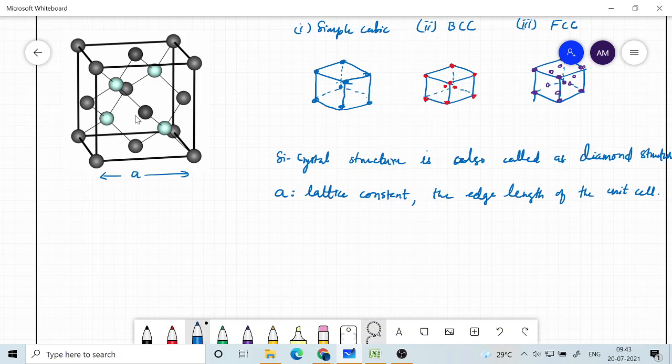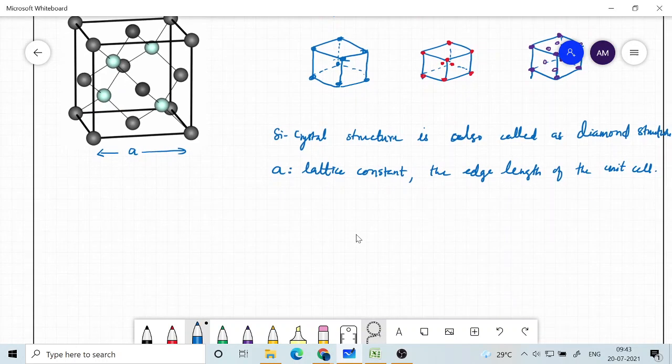So that makes up the first FCC lattice. Now you can think about another FCC lattice which is built up of these green or cyan colored atoms you can see here. So that is basically interpenetrating the first. So to see that 2 FCC lattice, let me draw it again.